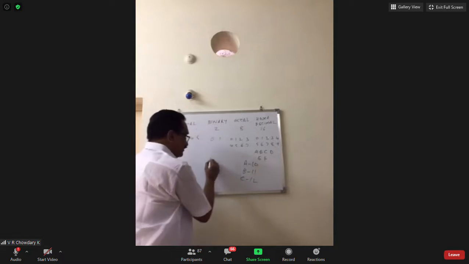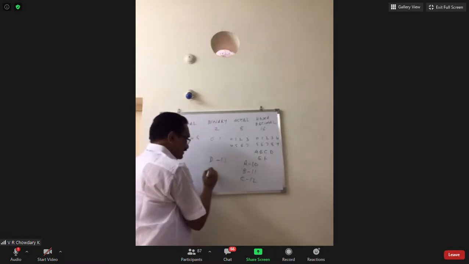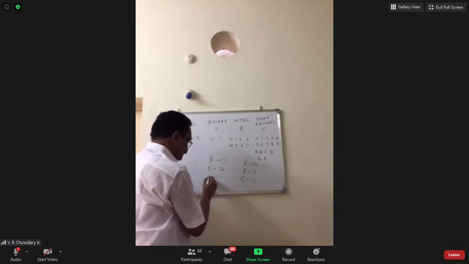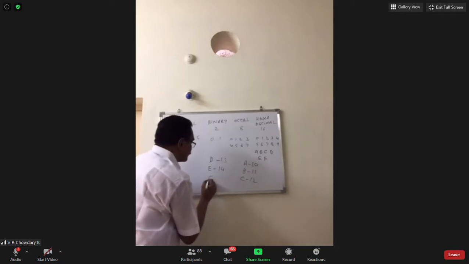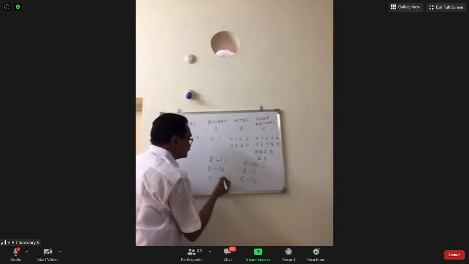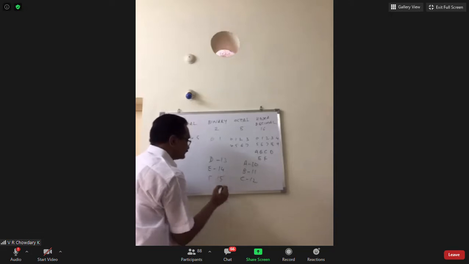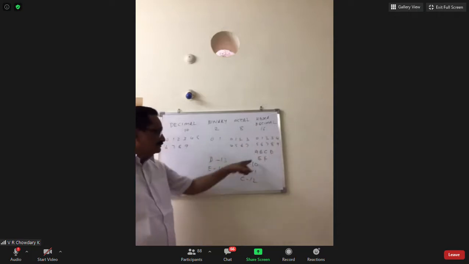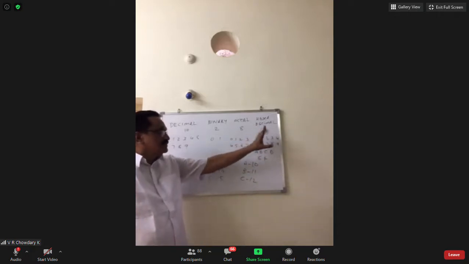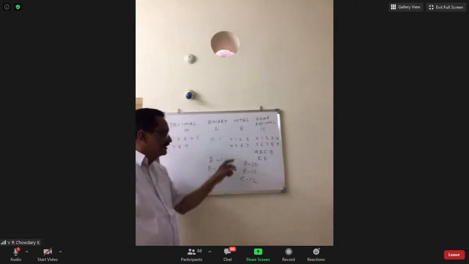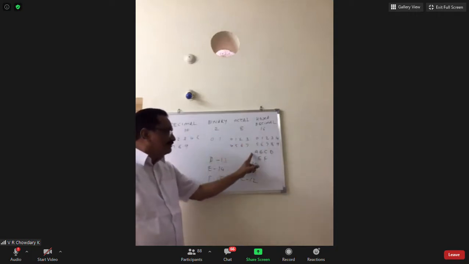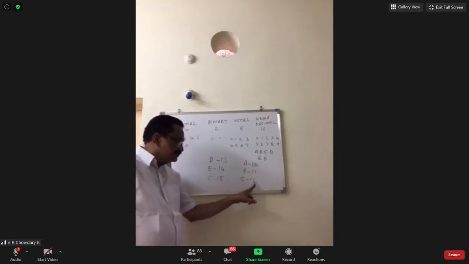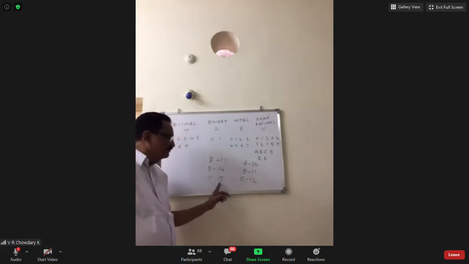D for 13. E for 14. F for 15 quantities. So in the hexadecimal number system there are 16 basic symbols, digits 0 to 9 and alphabets A to F. C represents 12 quantities and F represents 15 quantities.